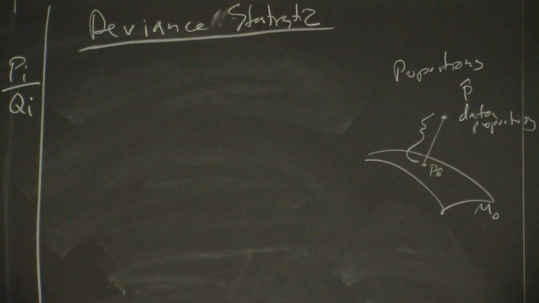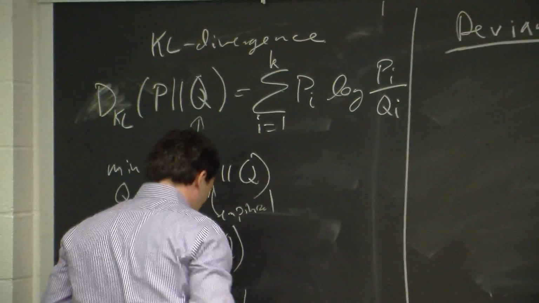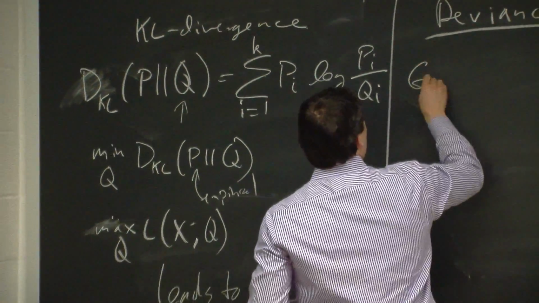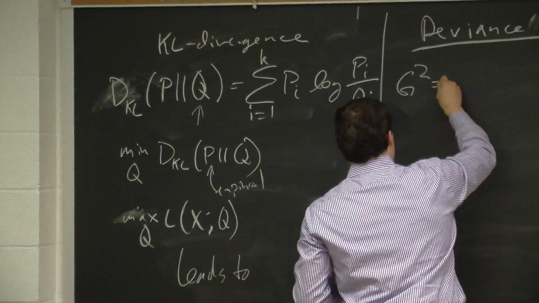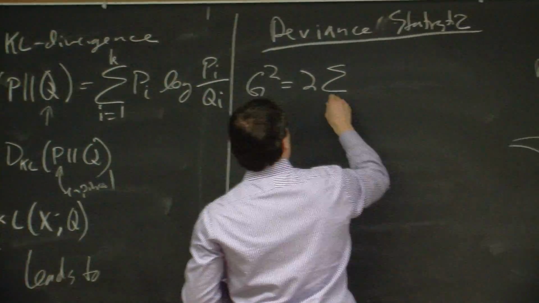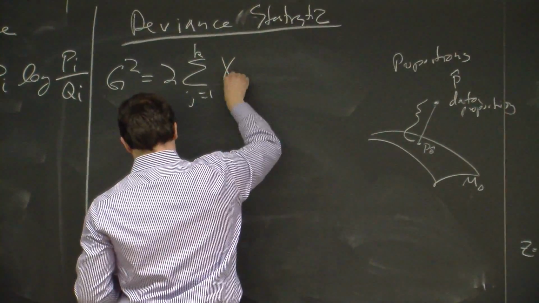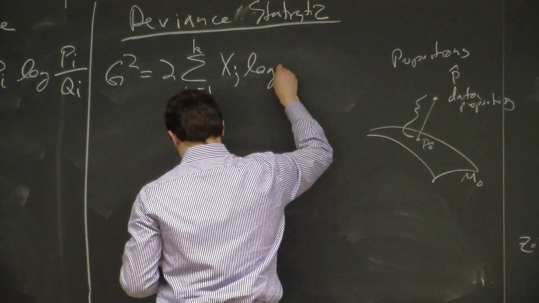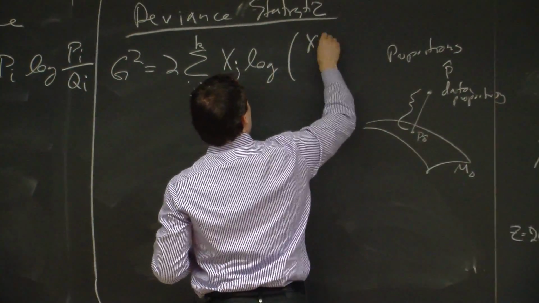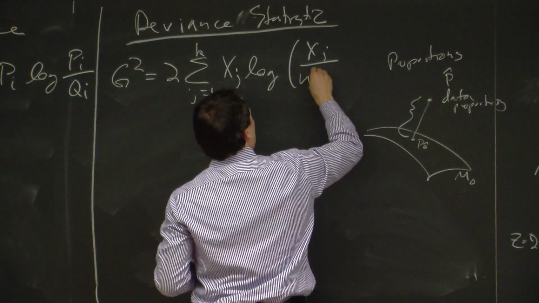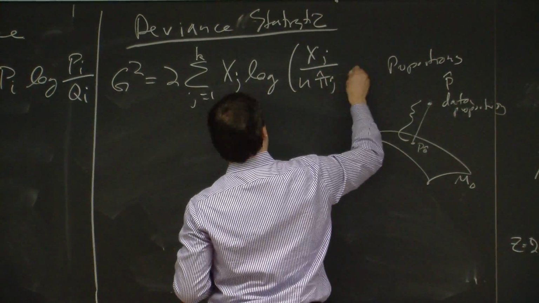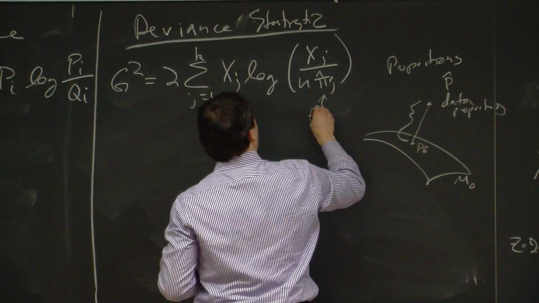So it leads to G squared equals 2 sum j equals 1 to k of x_j log x_j divided by n pi hat j. So that's the fitted one.